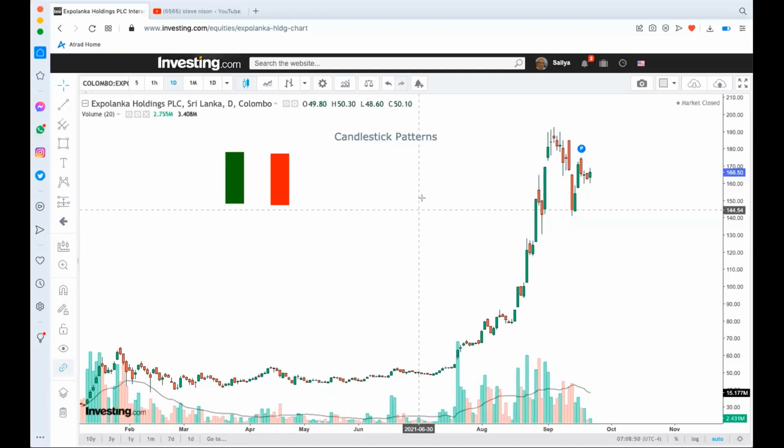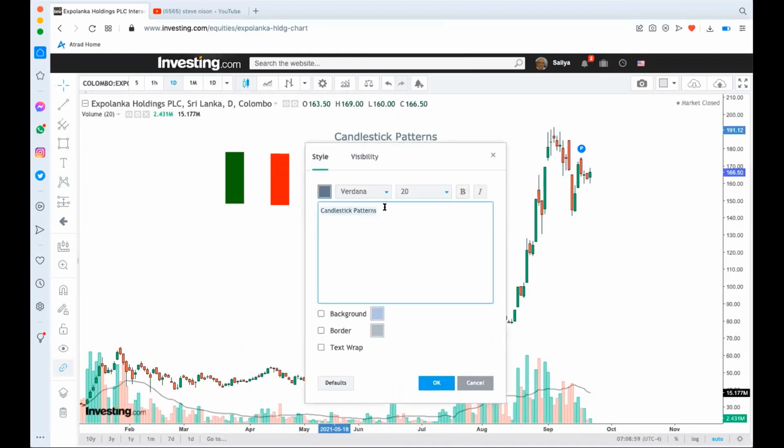When it comes to candlesticks, there are several types of candlestick patterns. You have single candle patterns, which we are discussing today.